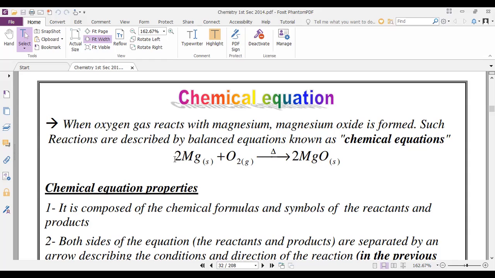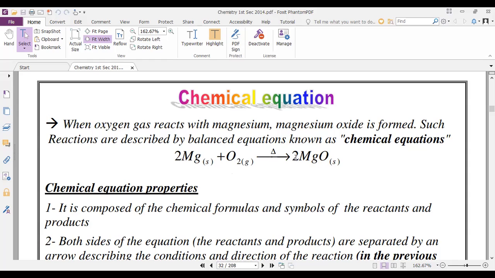So what is the number of magnesium atoms that react in this reaction? 2. Good. And what is the number of oxygen atoms that react in this reaction? 2. So you must get 2 magnesium atoms and also 2 oxygen atoms in the product.